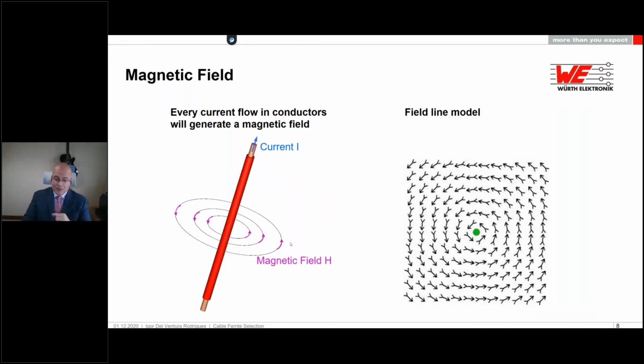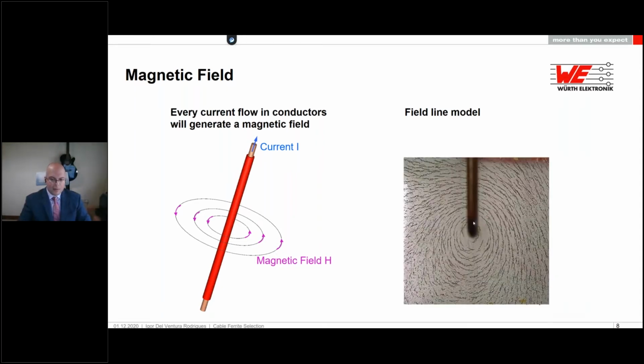So you can even visualize this model if you're looking at it from the top. If you put some metal filings on a smooth surface, and then you run the current through the wire, you will see the metal filings organizing themselves according to the magnetic field lines.